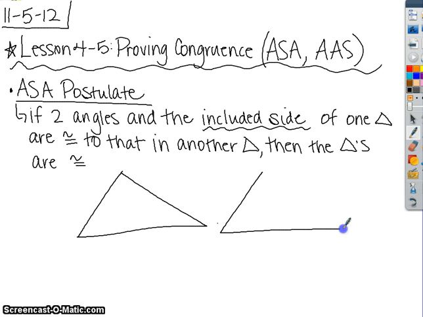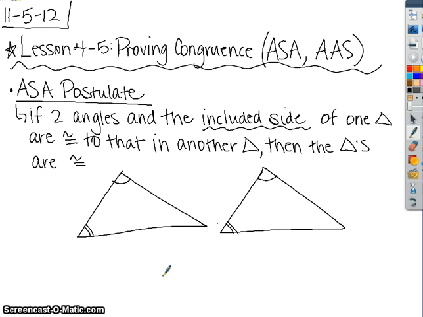So 2 triangles that are kind of the same. Okay, we'll pretend that they are. So we are going to have 2 angles. So let's say this one is congruent to this one, and that this one is congruent to that one. Okay, so those are 2 angles. Now there's this word included side.